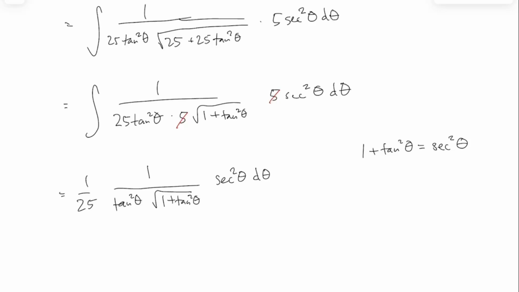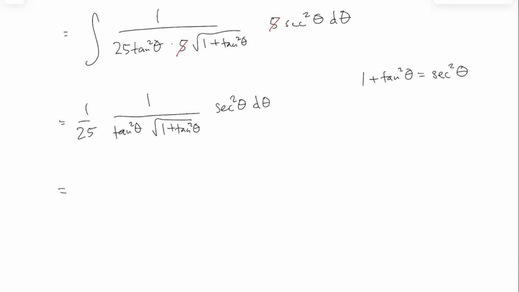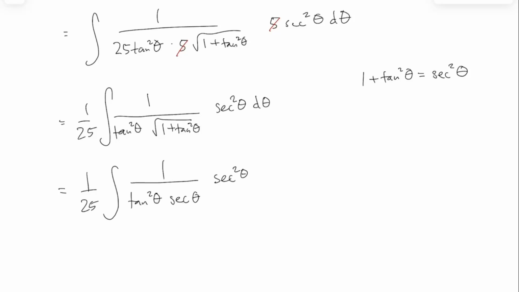When we plug that under the square root sign, the square root of secant squared becomes secant. Sorry, I didn't draw the integral sign. So this is 1 over 25 times the integral of 1 over tan squared theta, secant theta, secant squared theta d theta.